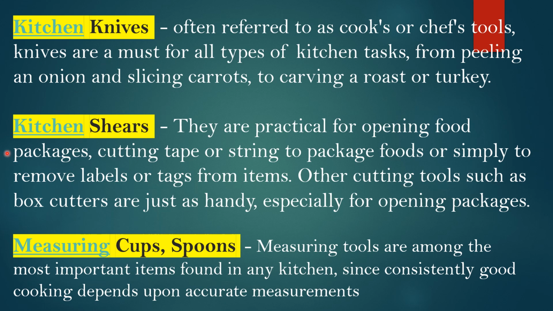And then next naman natin is yung ating kitchen shears. They are practical for opening food packages, cutting tape or string to package food, or simply to remove labels or tags from items. Okay, other cutting tools such as box cutters are just as handy, especially for opening packages.